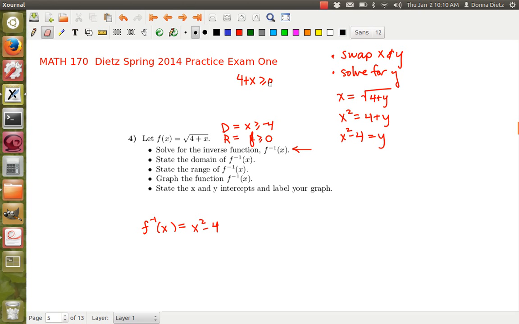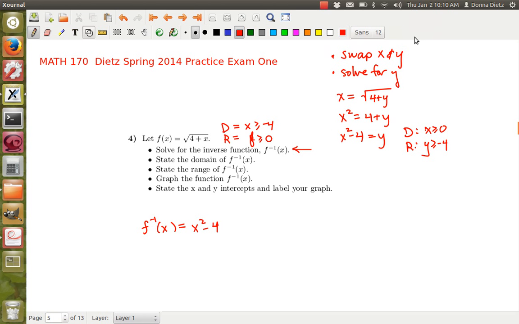So we had to have the original domain and range, and we're going to flip the domain and range over here. The domain is now x is greater than or equal to 0, y is greater than or equal to -4.